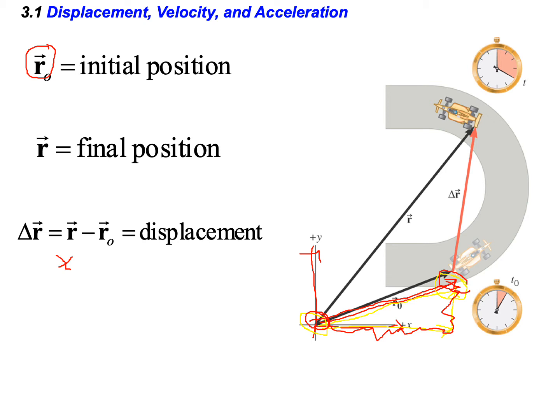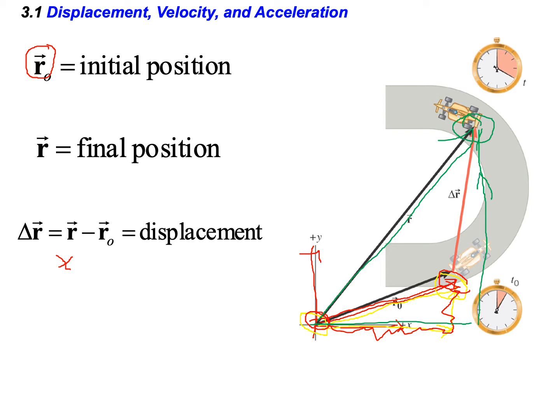And also the second vector r, this is the final location of this car, and the displacement is like this, and it again has x direction and y direction.